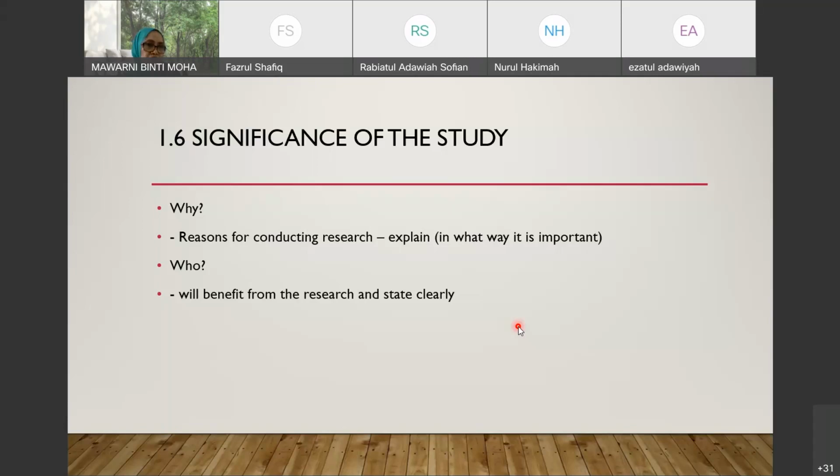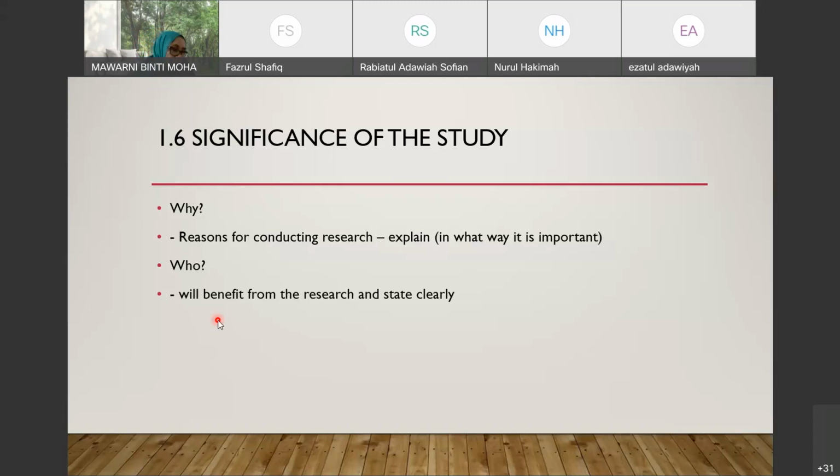Using it for the benefits, the contributions of the research to society at large, to a specific group of people. For autism kids, to students of special needs, to the Ministry of Education, a particular organization, because your supervisor has got grants from a particular organization and you have to do it, and therefore one of the significances of the study is how it benefits the particular organization.